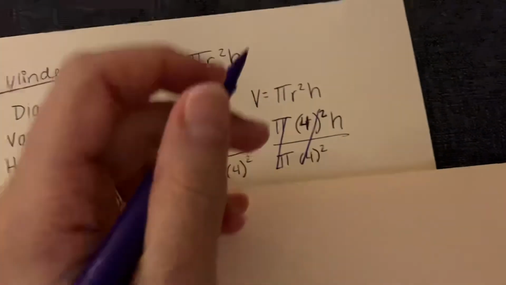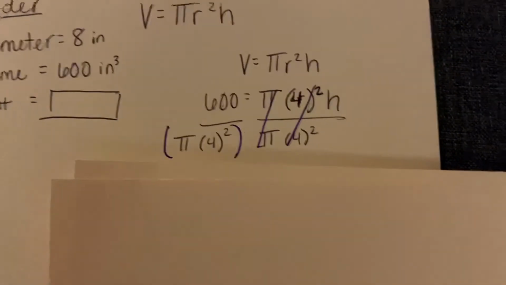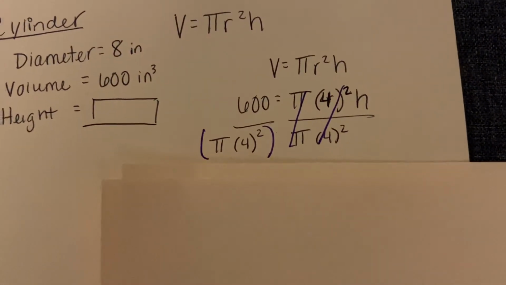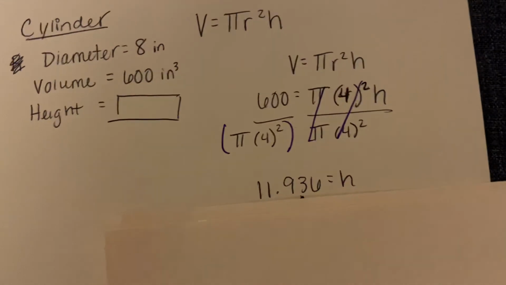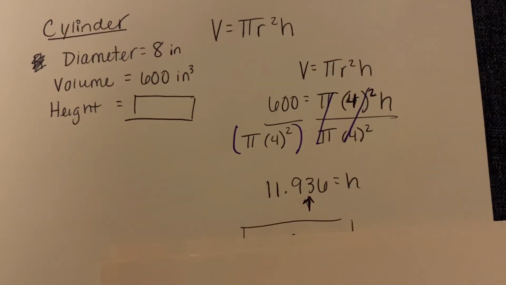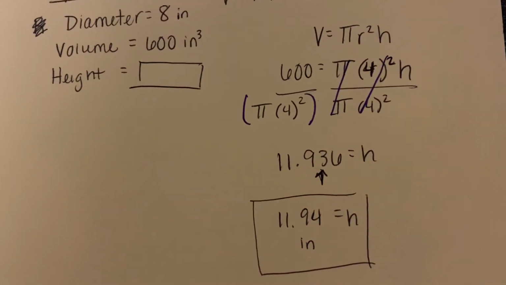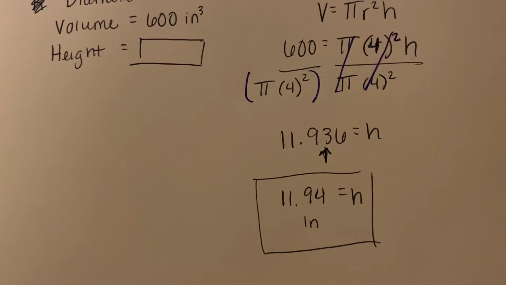Just make sure you're putting parentheses around that. And then what do you get? You get 11.936. You want to round that, and you get 11.94 inches is my height.